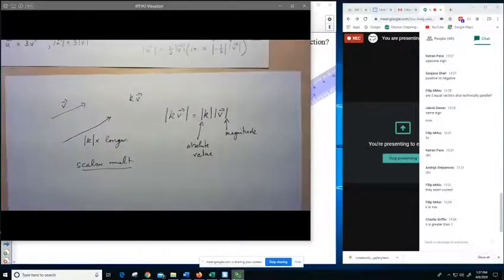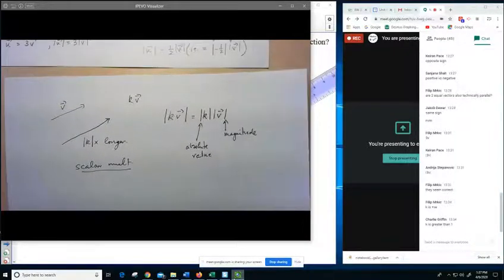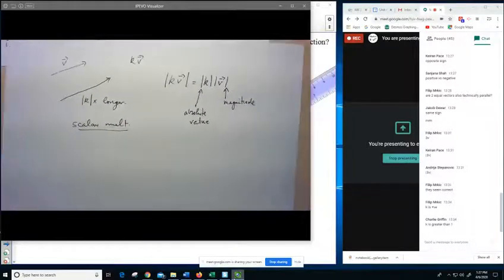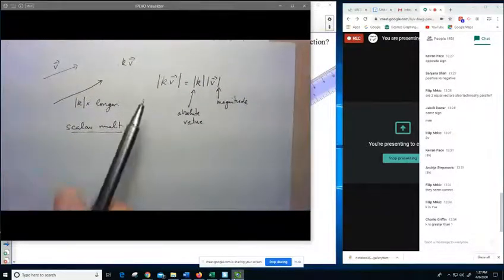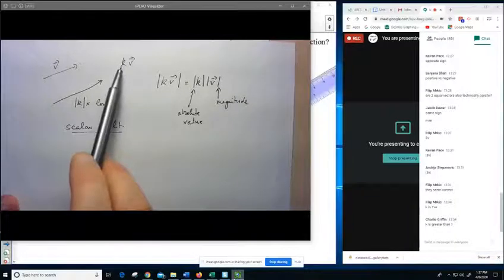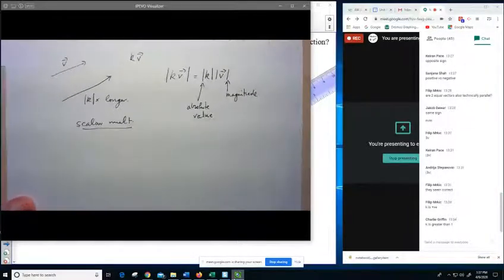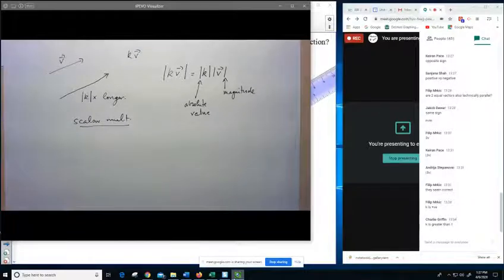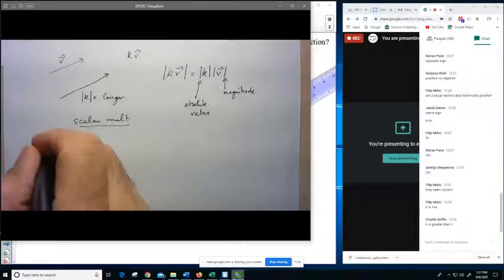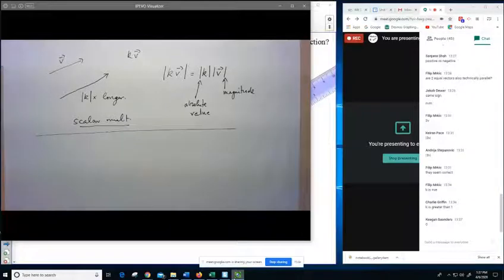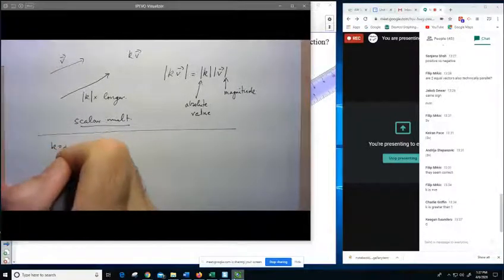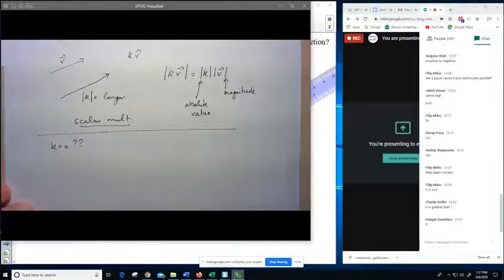Now, this is something I'll talk about again later on, but everything makes sense, I think, with this idea of multiplying by a scalar, except perhaps for one particular number. Is there one value of k that might present us a bit of a problem? What if k is equal to 0? Right?